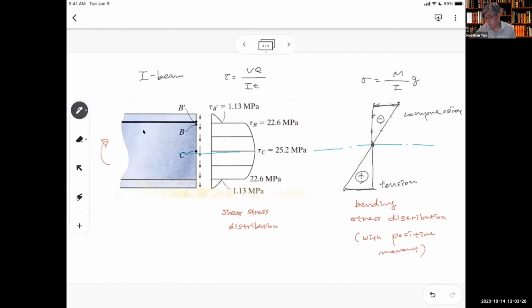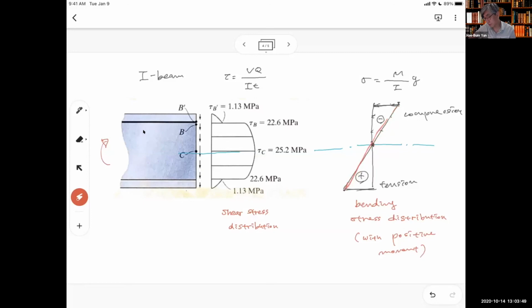Another reason why this is a straight line is due to the beam assumption, right? Plane remains plane. This is the deformed plane, right? Due to the bending stresses.